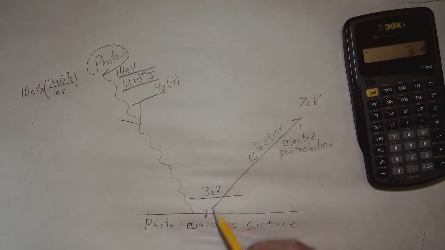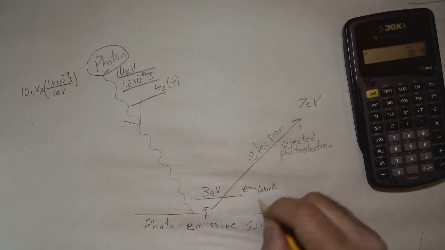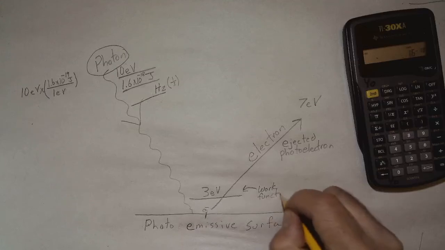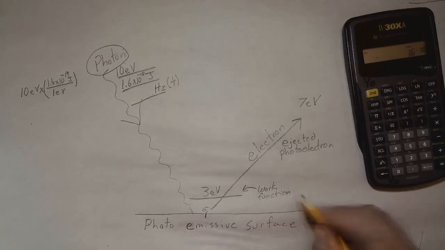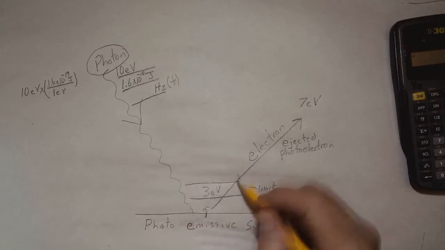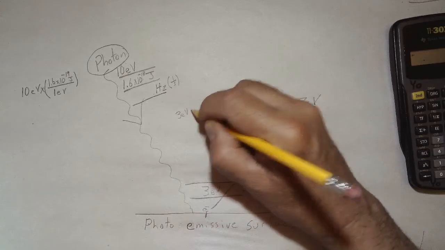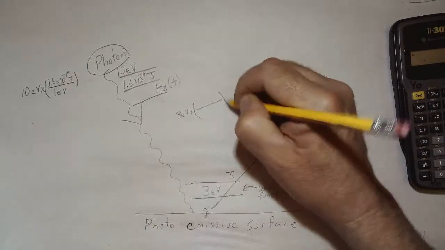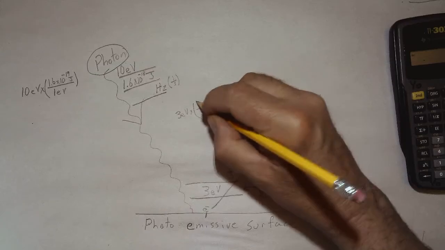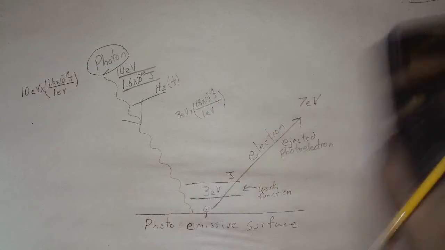3 electron volts is how much energy is needed to break the bond. We call this energy the work function. So the work function, measured in electron volts, well, we also want to convert it to joules. So how many joules is that work function? We're going to do it the same way. 3 electron volts times 1, so you have 1 EV down here, 1.6 times 10 to the minus 19th joules.